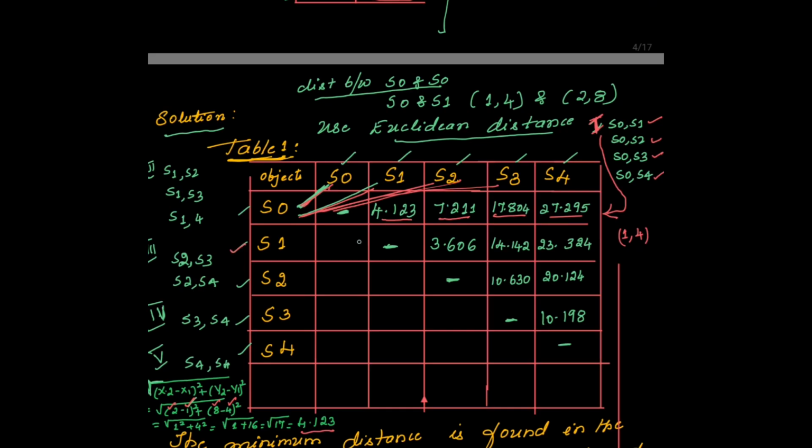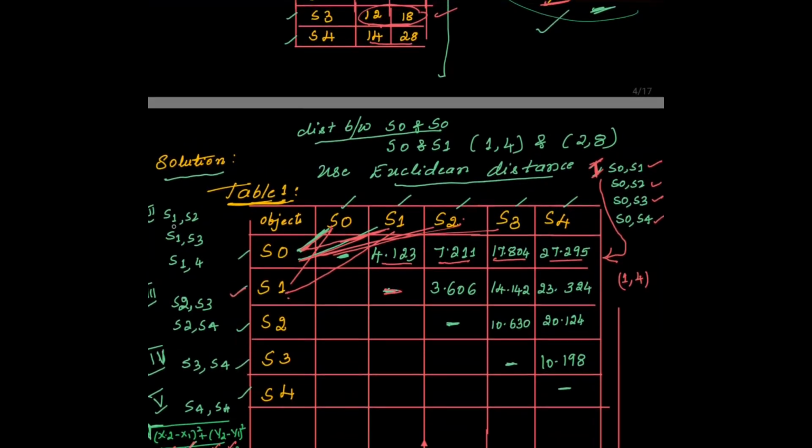Next row, you have to compute the distance for s1. See, s1 and s0, though it is there, we have already computed it in the first row, so we will not do anything. Next is s1 and s1, which is not applicable. Next s1 and s2: extract them from the table.